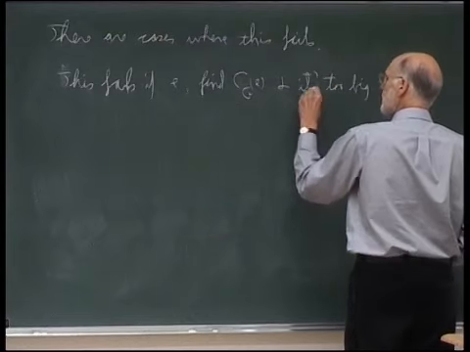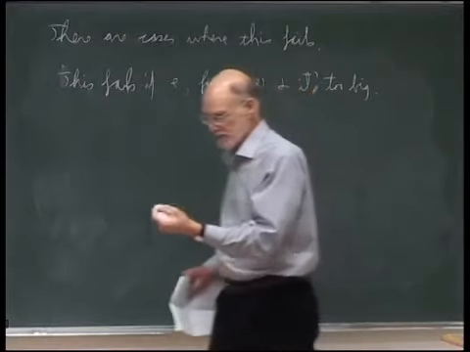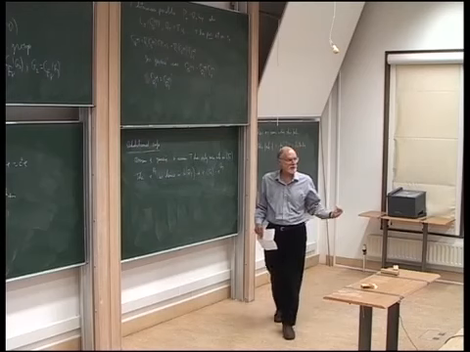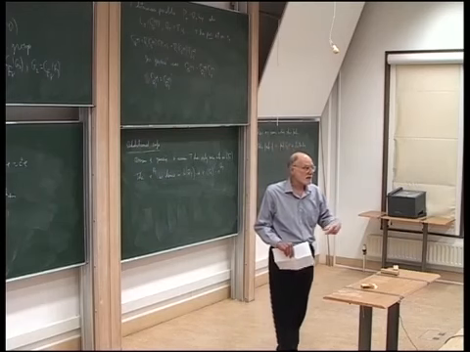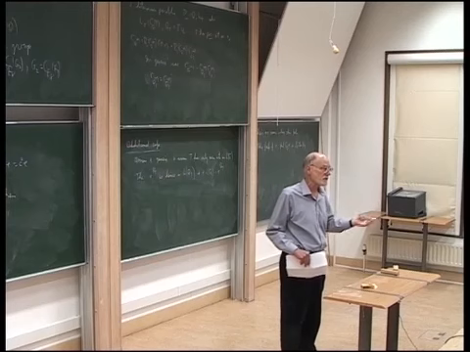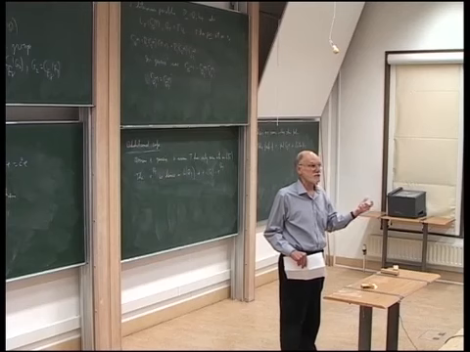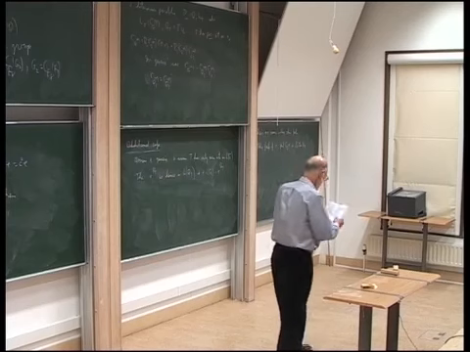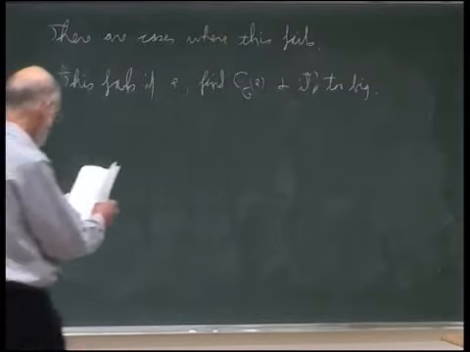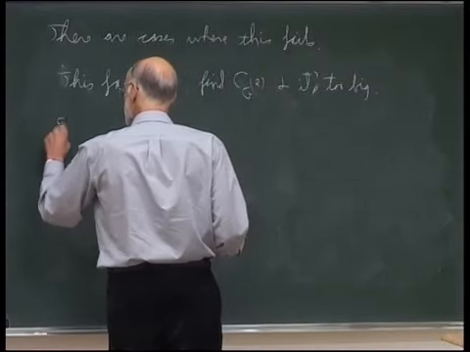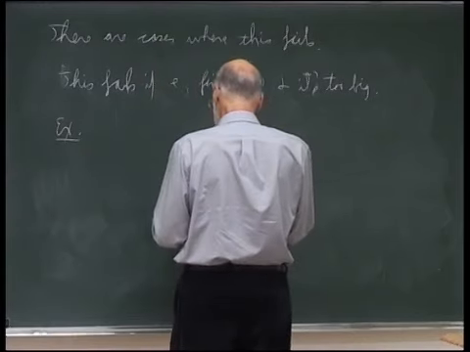In other words, you have this E, which exists in all characteristics, and in characteristic 2 or 3 or 5 or whatever, you find that the centralizer is bigger than expected. So I'll just give you an example. So here's an example where this occurs.